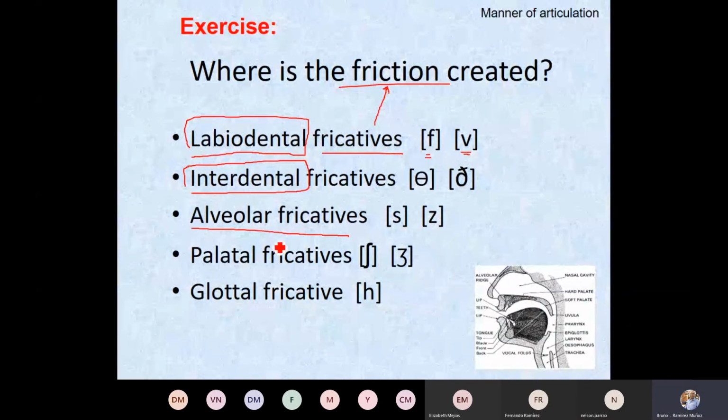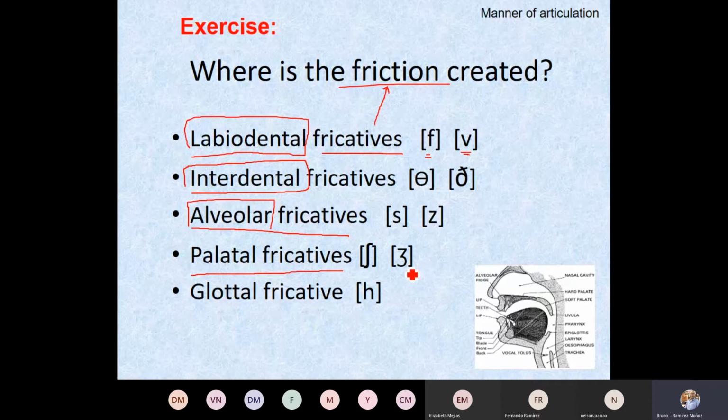So, in the case of palatal fricatives, sh and zh, as in show and television or vision, the friction is created by the tongue being pressed against the area in between the alveolar ridge and the palate.